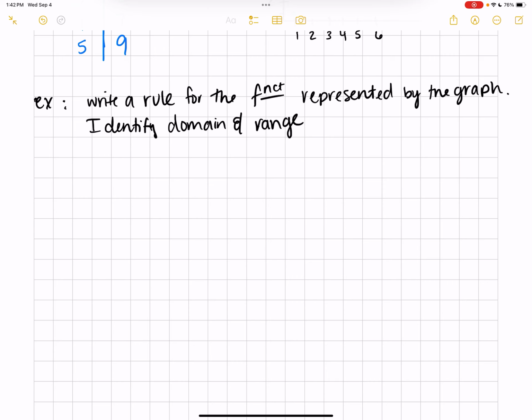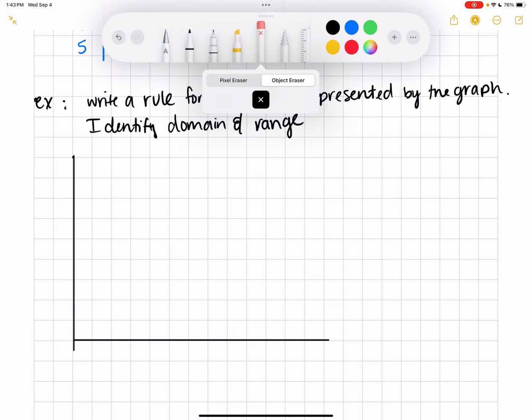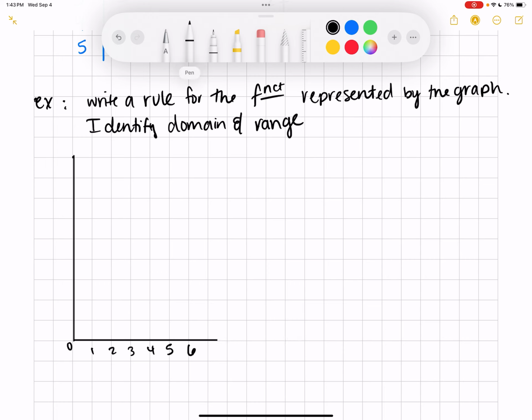It's 5 on the y and out to 6 on the x. This is going to be really big, but... So then, I made this way too big. Just pretend that I didn't do that. So went out to 6 on the x, and then on the y up to 5.